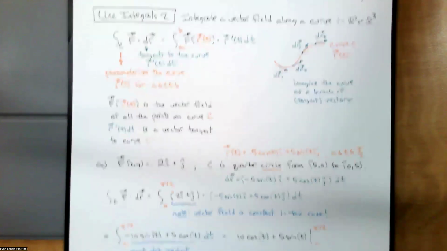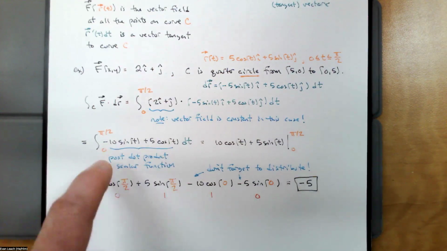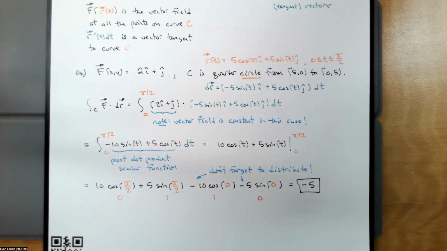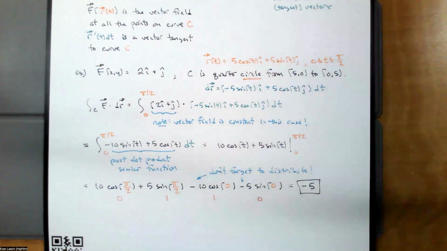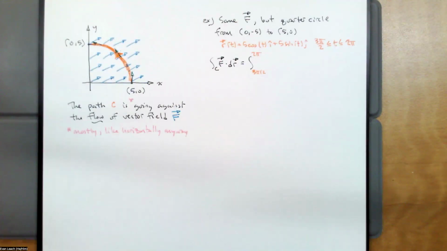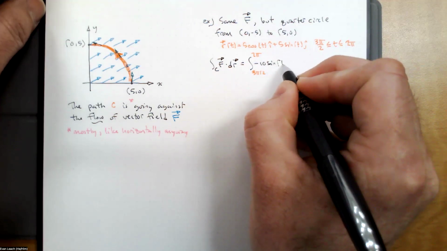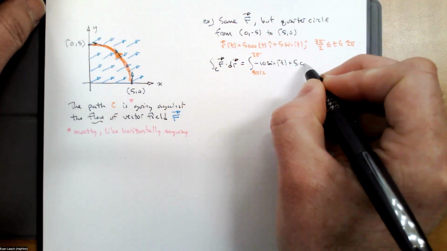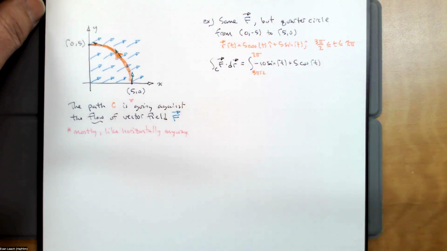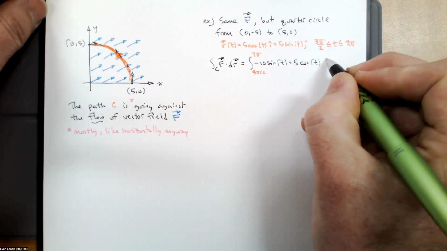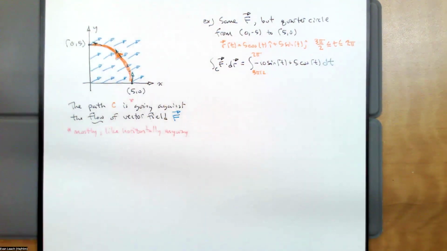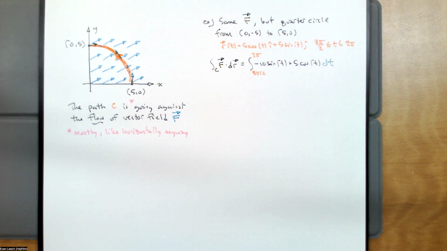We can even skip the dot product portion and go straight to the function that we integrated, negative 10 sine t plus 5 cosine of t dt. That part of the calculation, the dot product part, isn't going to change because I'm using the same circle, just a different section of it.